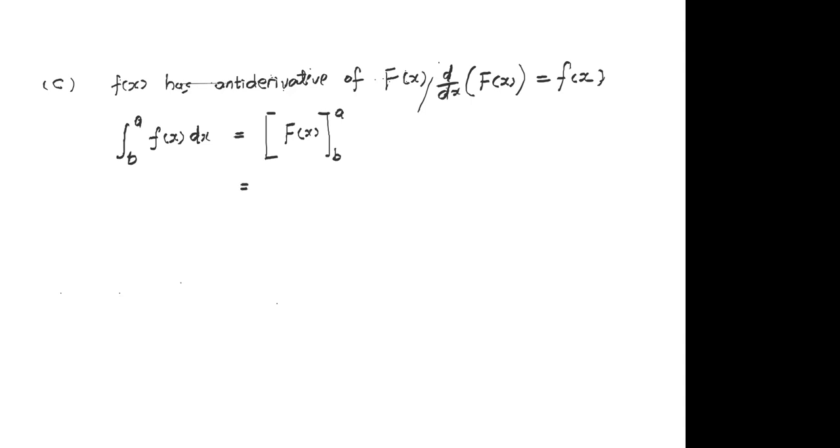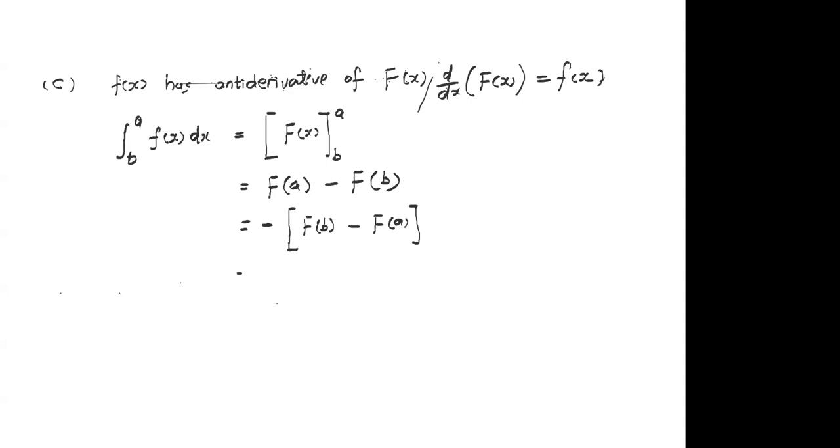So I must sub with the top, take away sub with the bottom. Okay, so that is the meaning of this. So now I can take the negative out. Then I put the top, put B here, take away F(A). Is it the same thing? It's the same thing.